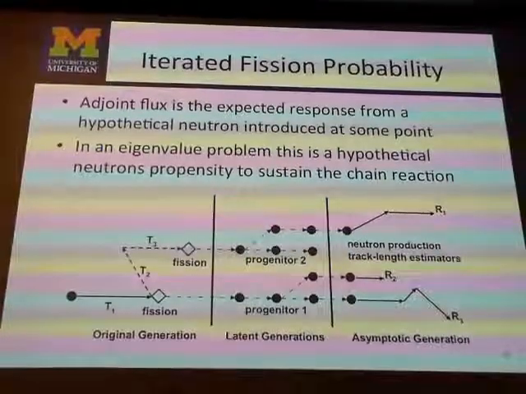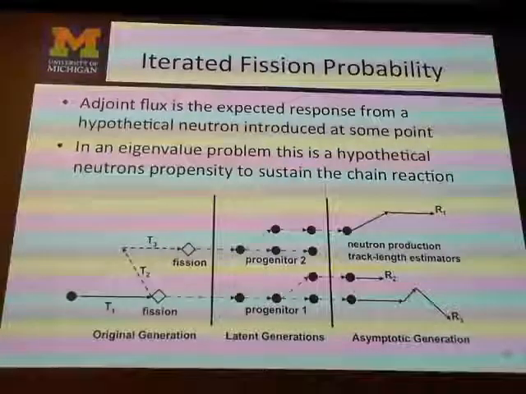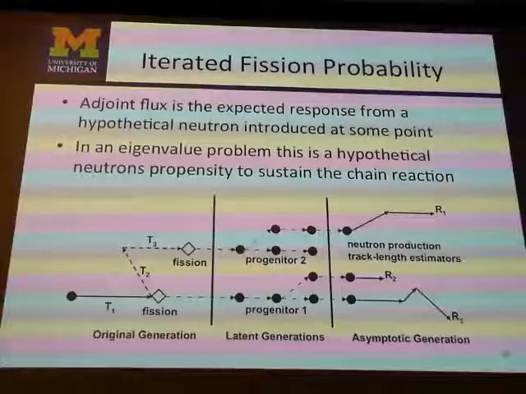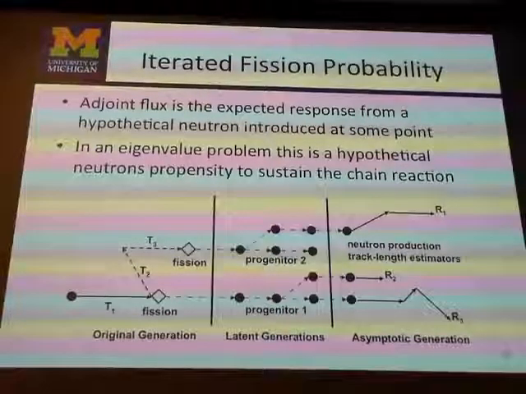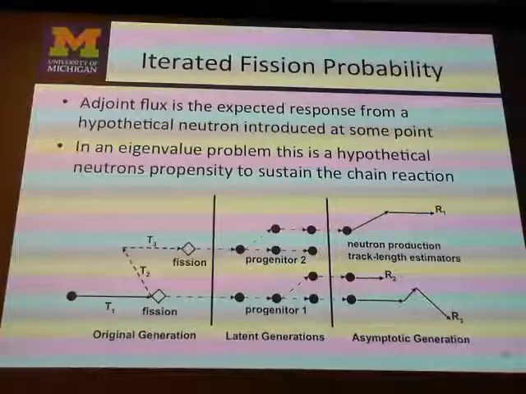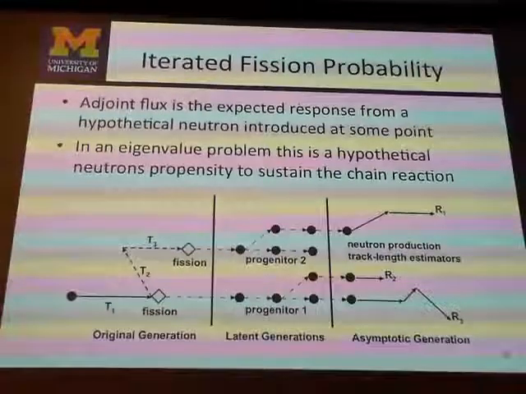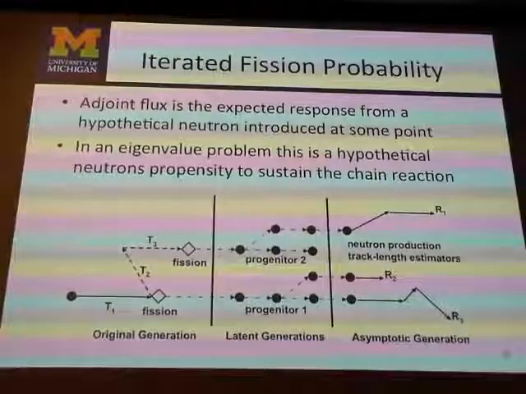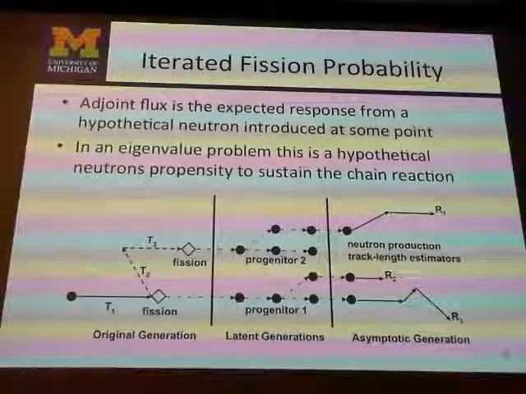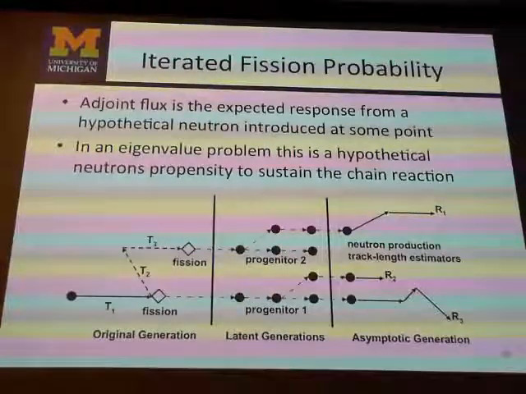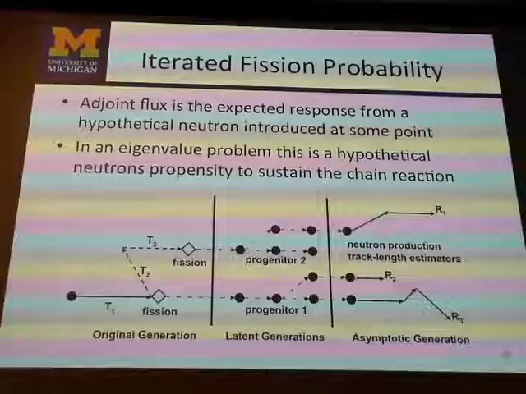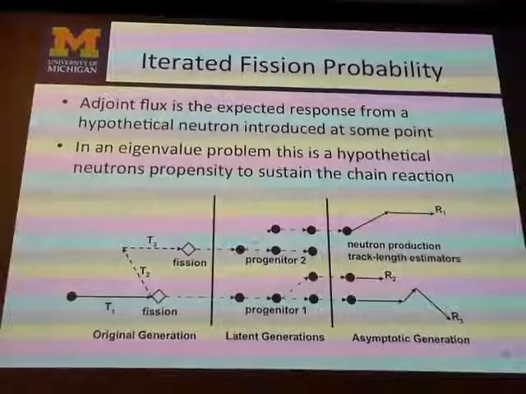Then I walk away, drink my coffee, and come back and ask, all right, how many neutrons do I have in there after a long period of time? I write that number down, sweep all the neutrons out, and do this over and over again, and that average is proportional to the adjoint flux for that one point. Okay, so that's what the adjoint flux is in a reactor, and how you would measure it, in quotes.